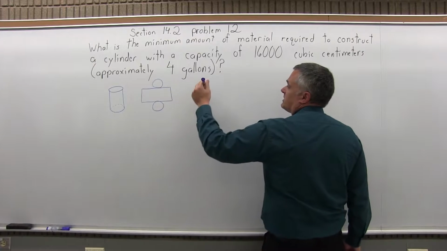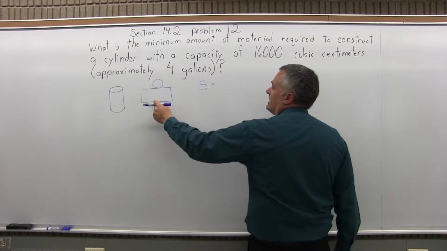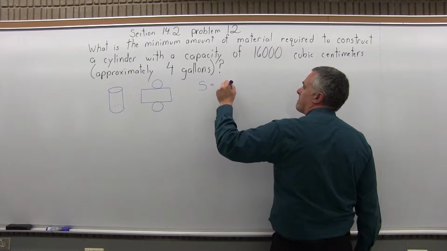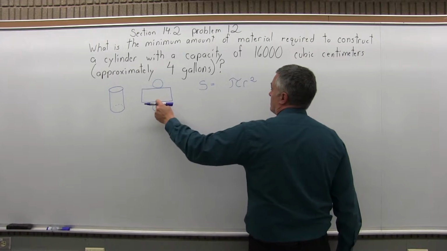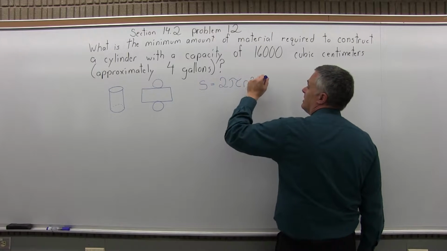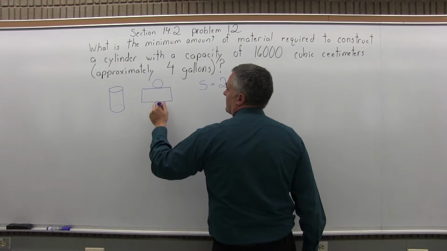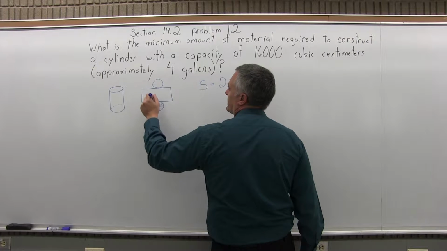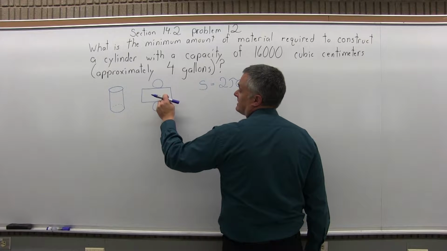So the total amount of material, let's call it S for surface, equals, so each circle, the area of a circle is pi r squared. But now you have 2 of them. There's one from the top and one for the bottom. So there's 2 pi r squared plus the rectangle. So for the radius of a circle to be r, the base of the rectangle is basically the circumference of the circle, which is pi times d for diameter.